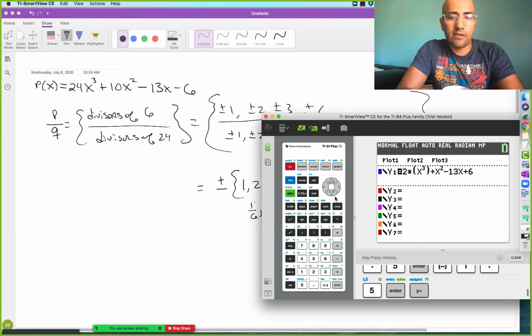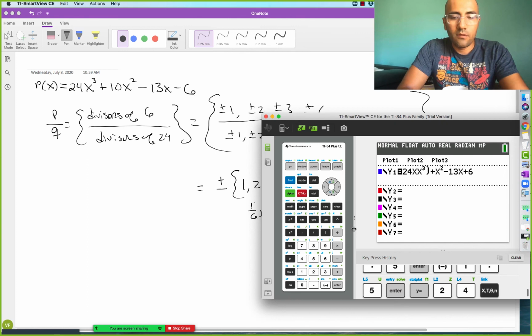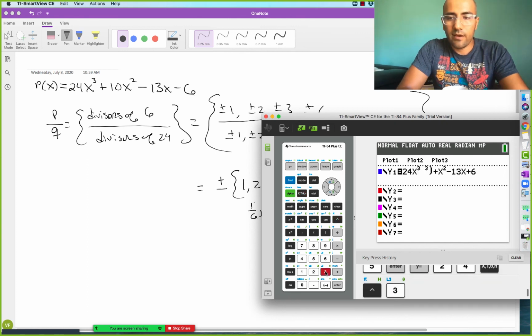So go over to y equals and type in the equation 24x to the third power plus 10x to the second power minus 13x minus 6. Oh, it's just moving it? Okay, that's fine.